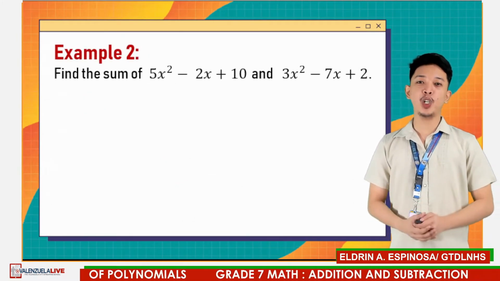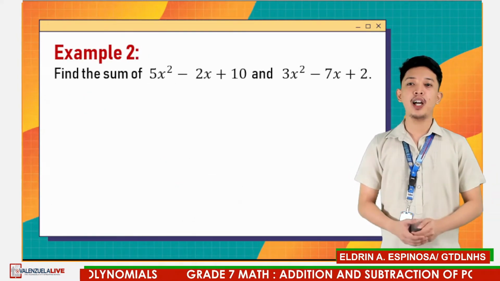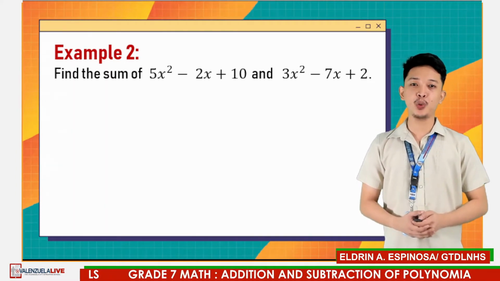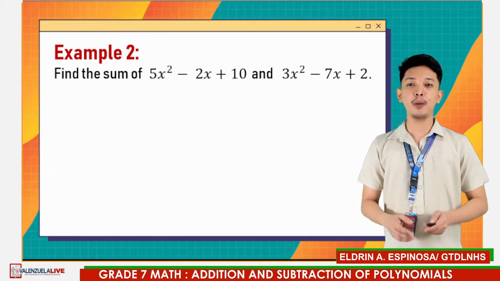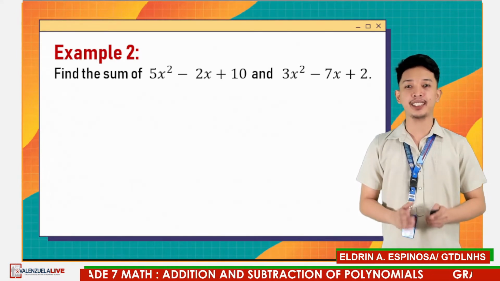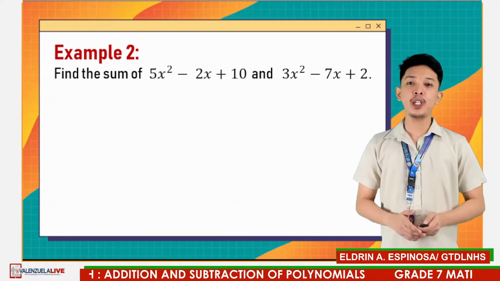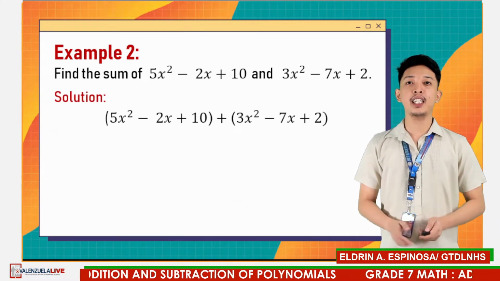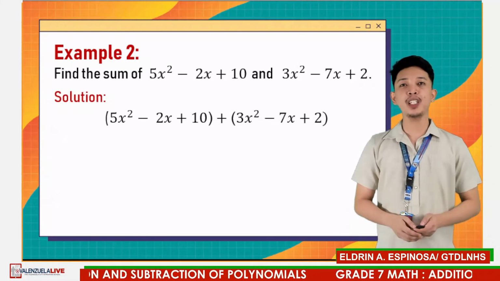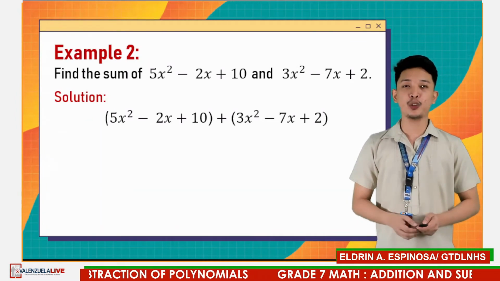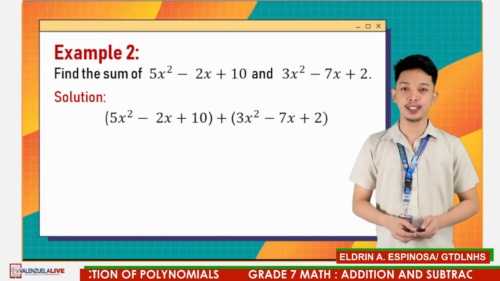Let us now proceed with example number 2. Find the sum of the trinomial 5x squared minus 2x plus 10 and the trinomial 3x squared minus 7x plus 2. To write this separately, we will have the quantity 5x squared minus 2x plus 10 plus the quantity 3x squared minus 7x plus 2.